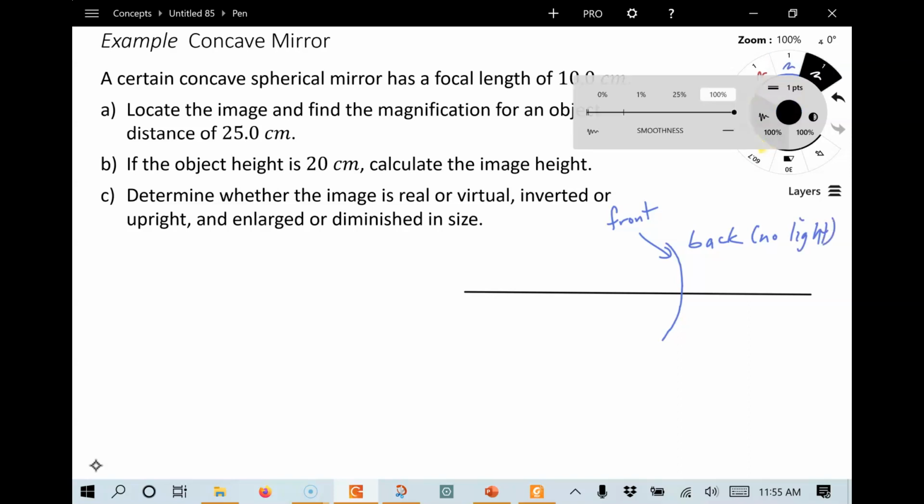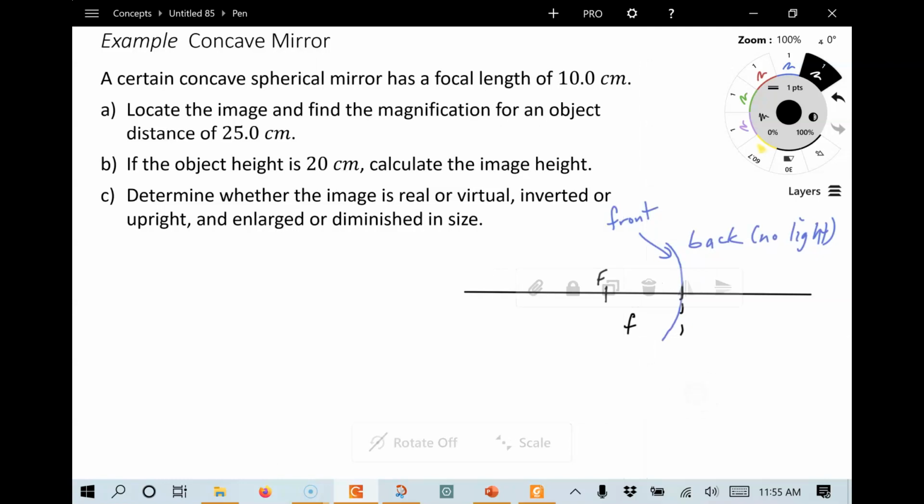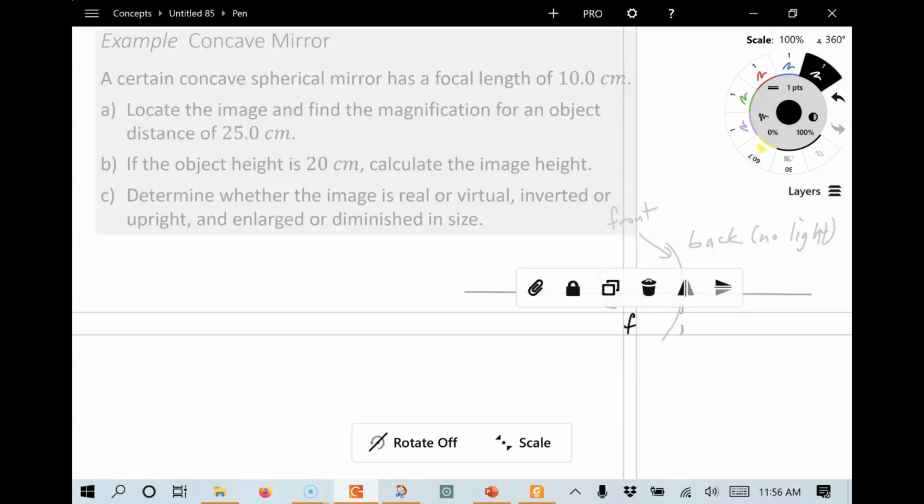And so we've got this set up now, and we can go ahead and locate some of the things. So remember that we always measure everything from the edge of the mirror on the principal axis. So if I want to do the focal length, let's say right here maybe. Here's F. Well, I guess I should say focal point, capital F. The focal length is the distance from here to here. And we know what that's equal to.